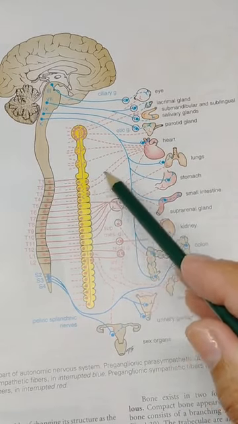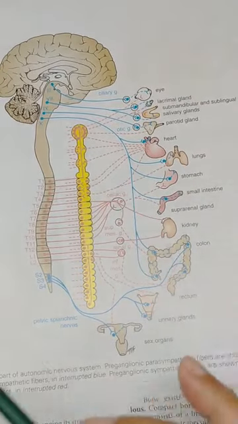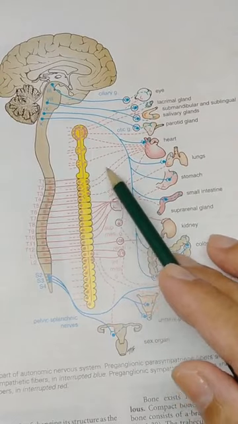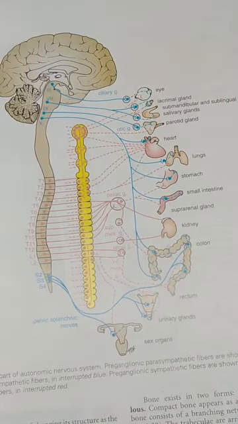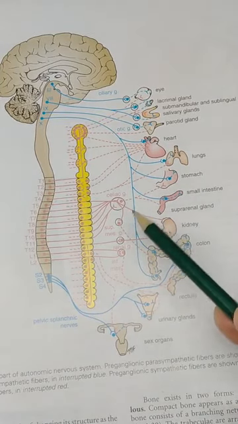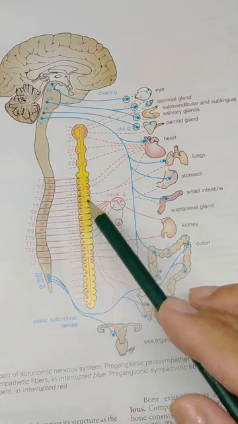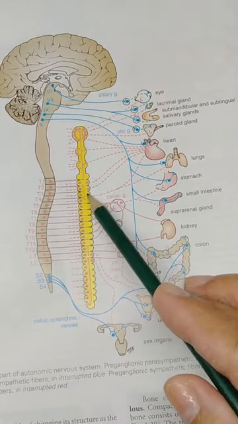So these broken lines refer to the postganglionic sympathetic fibers.